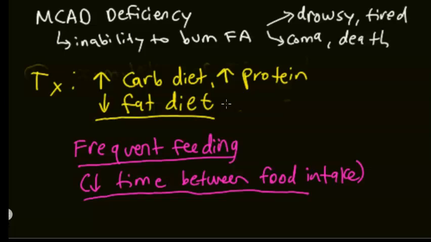But since we're unable to do that because we're lacking the acetyl-CoA, which is needed to activate the enzyme to make oxaloacetate, we're unable to support that blood glucose homeostasis. So we get a state of hypoglycemia. And due to this hypoglycemia, these individuals wake up in order to feed. And so a high carb diet and the removal of fats, because we already have a buildup of fats, is very useful to support these individuals.